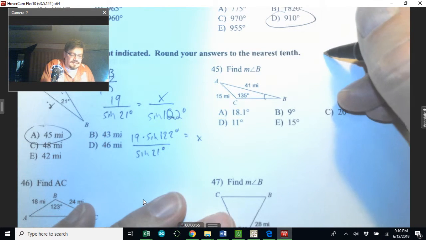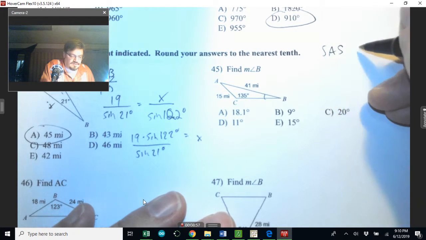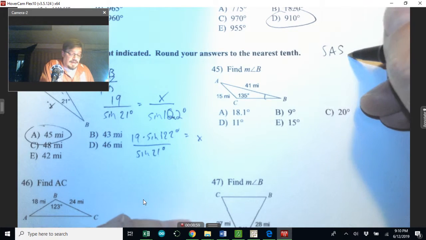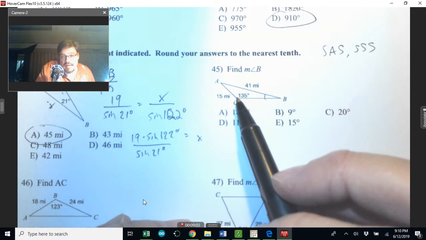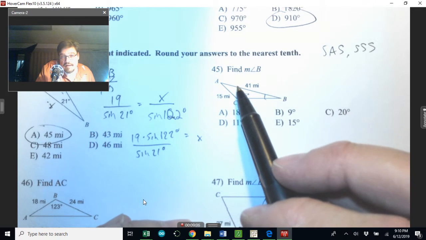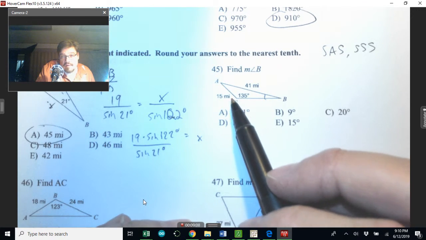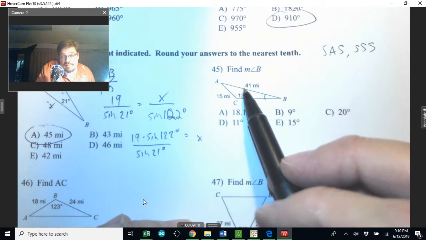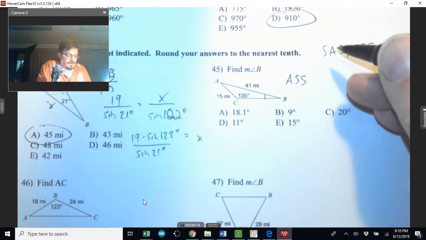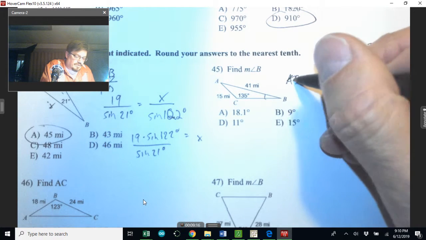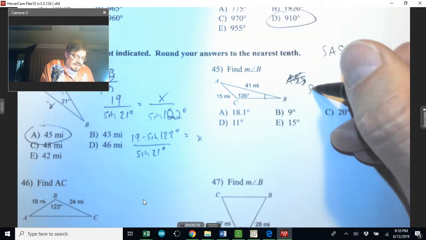The law of cosines is only good for side-angle-side and a side. This guy right here is an angle side. Okay, I'm going this way. It's angle side. Okay, so that is the law of, better cross that one out quickly. That is the law of sines.